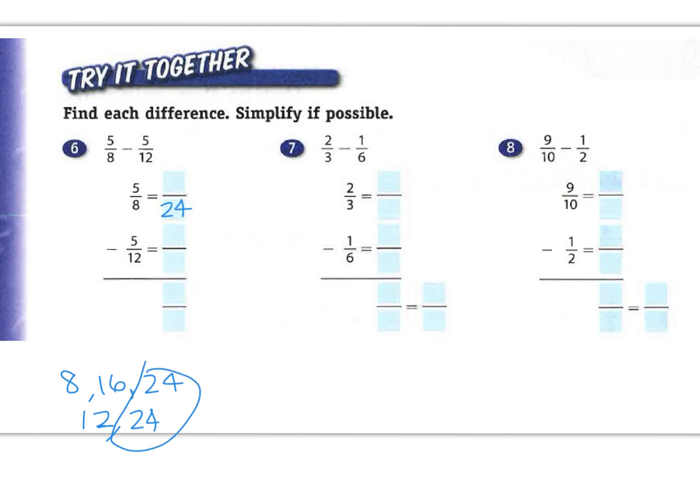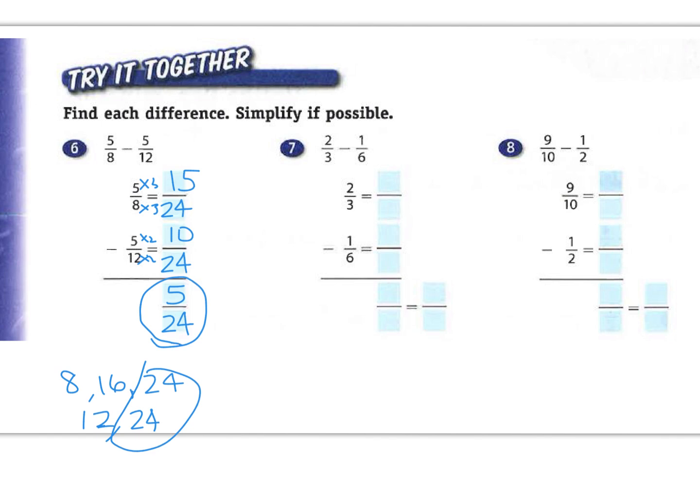So I'm going to do 24ths, and I do 8 times 3 to get 24. 5 times 3 is 15. 12 times 2 is 24. 5 times 2 is 10. Then I have 15 24ths minus 10 24ths. 15 minus 10 is 5. And then keep the 24ths. There is our final answer because that cannot be simplified.